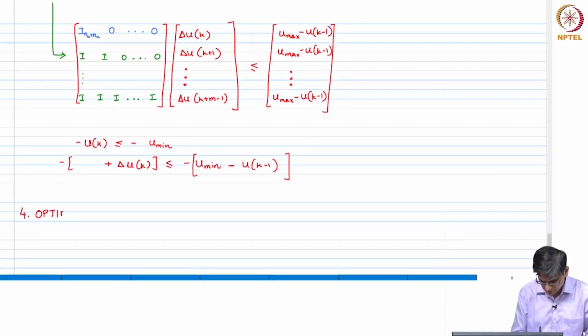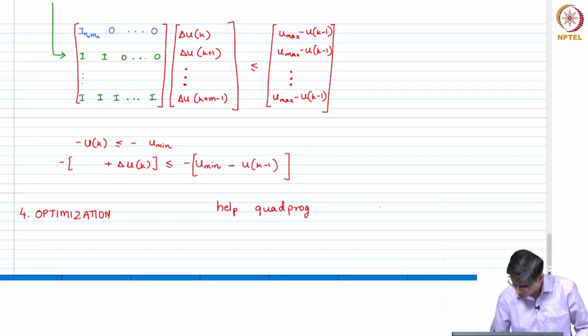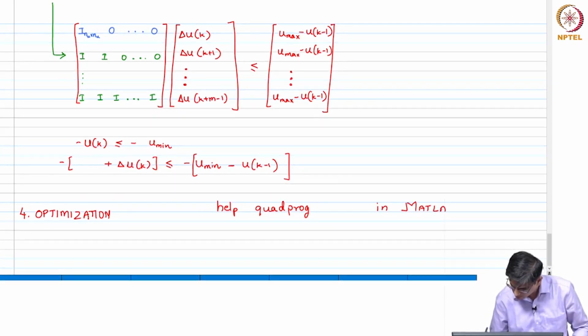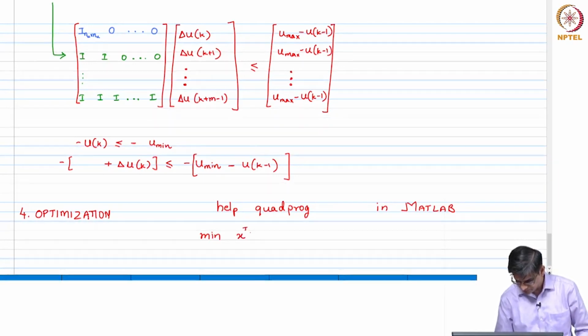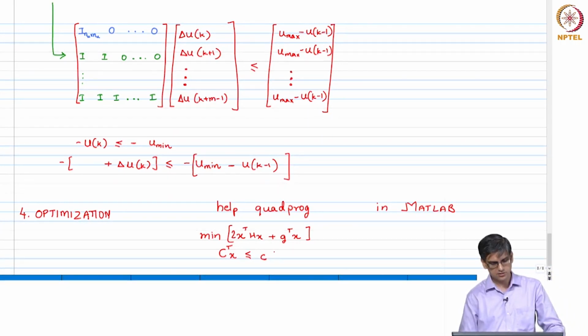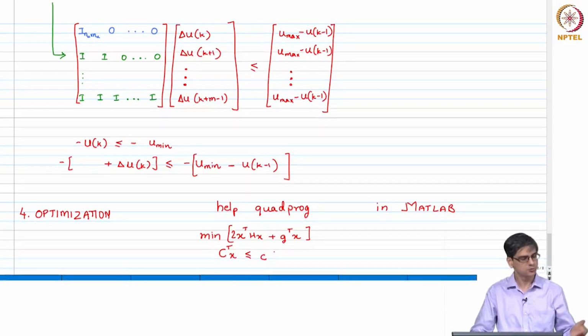Finally, you have your optimization. If you do help quadprog in MATLAB, it will tell you that quadprog solves the minimum of this problem, which again immediately you will realize is delta u H delta u plus 2 times g transpose x.